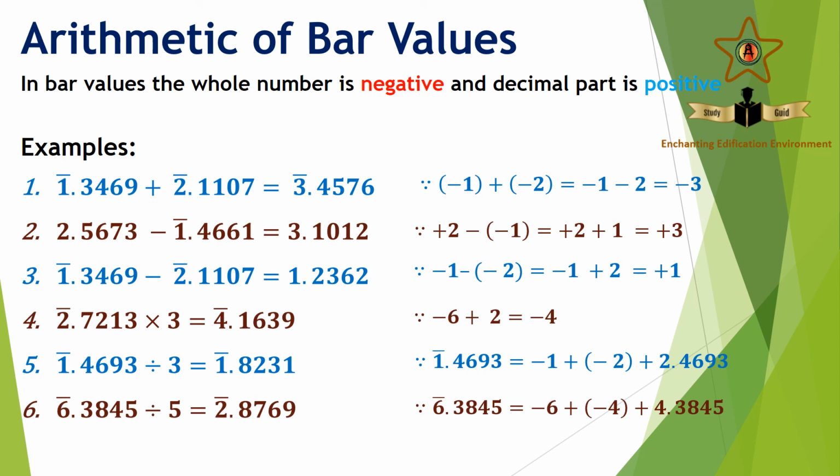So we have bar 10 divided by 5, that is bar 2. 43 divided by 5, 8, 3 remains. 38 divided by 5 is 7, 3 remains. 34 divided by 5 is 6, 4 remains. 45 divided by 5 is 9. So our answer is bar 2.8769.